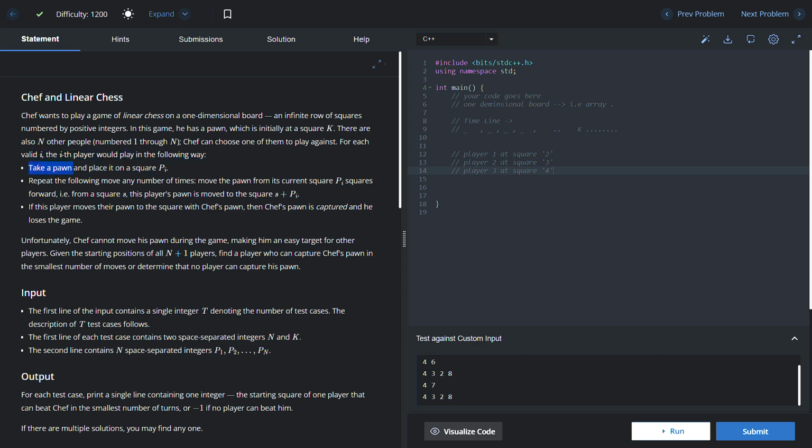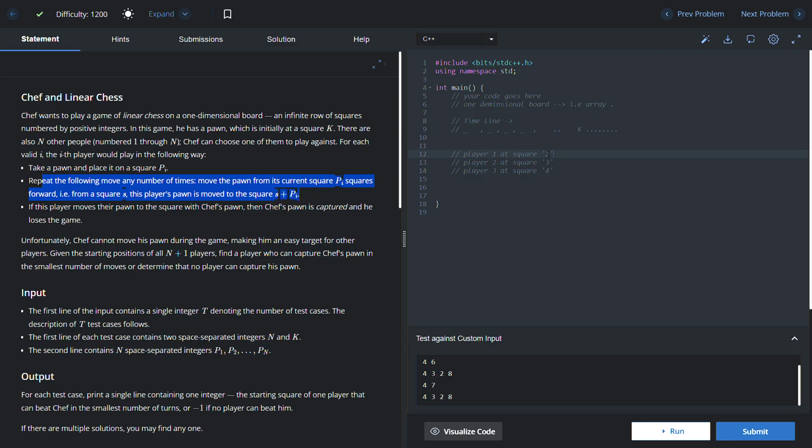Take a pawn and place it on a square of pi. Then repeat the following move any number of times: move the pawn from its current square s, pi squares forward. The player's pawn is moved to square s plus pi. What does this mean?